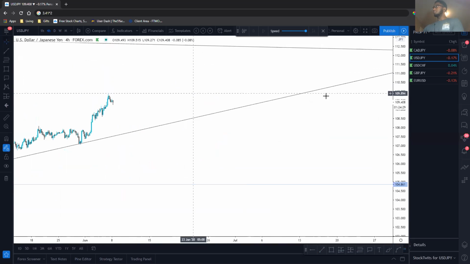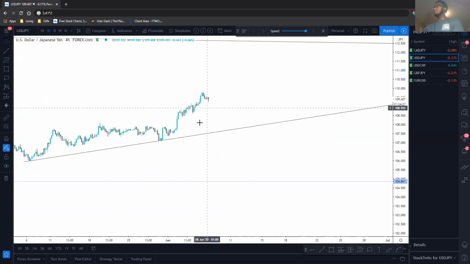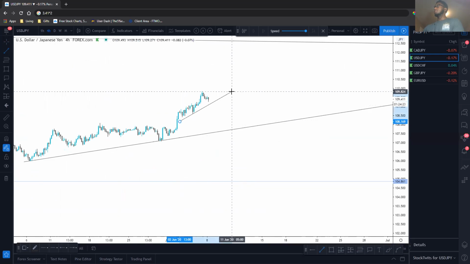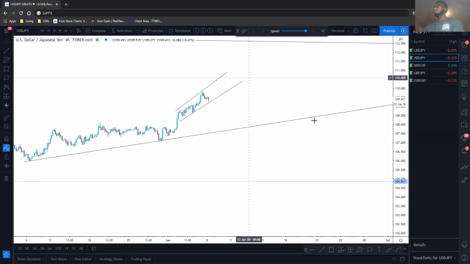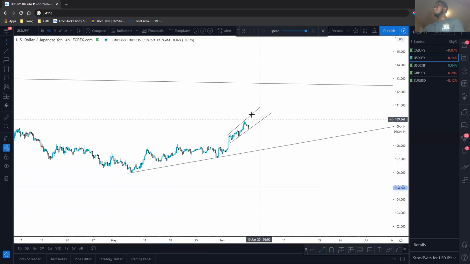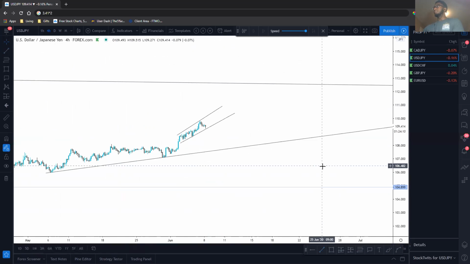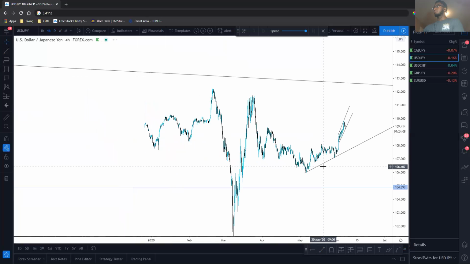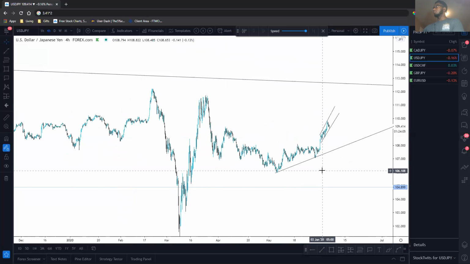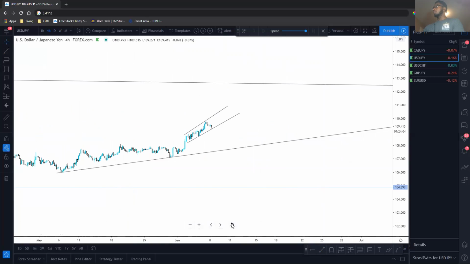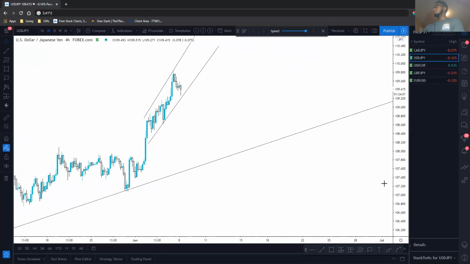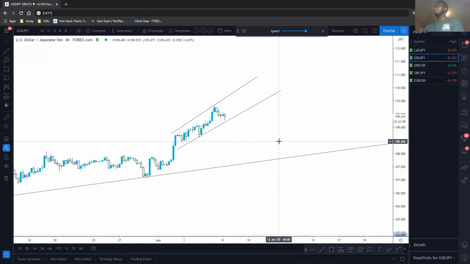And we can see that we have an ascending channel here. So to simplify it, the only thing right now I'm looking for is a sell from what I'm seeing. An ascending channel says there may be a reversal coming.